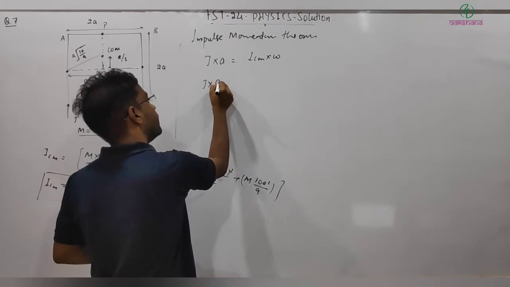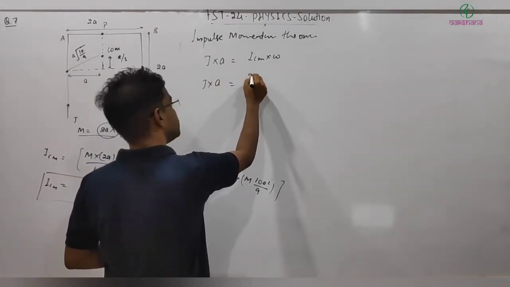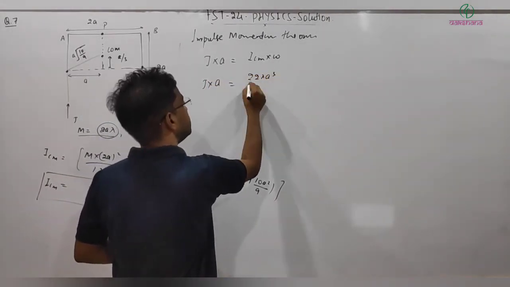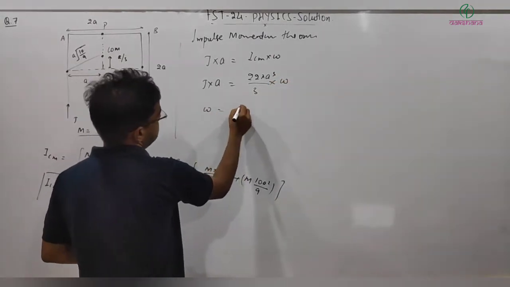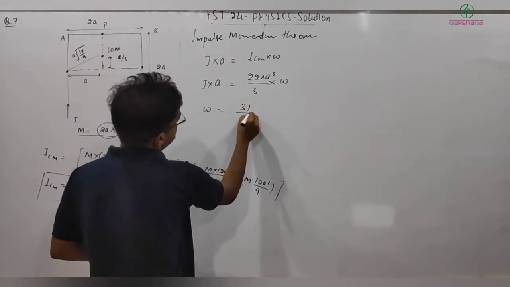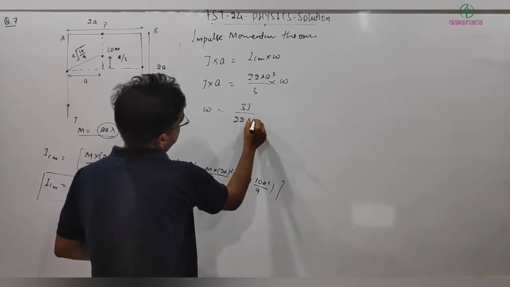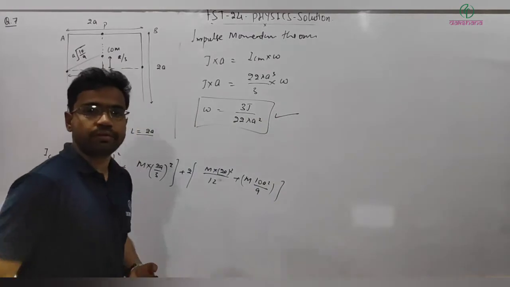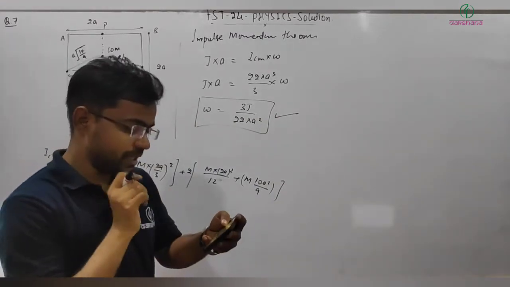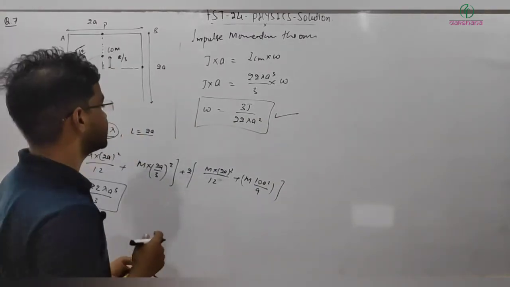J into a equals I_CM, which is 22 lambda a³ divided by 3, multiplied by omega. Simplifying, omega is equal to 3J divided by 22 lambda a². This will be the angular velocity of the system, or this wireframe, just after the impulse is imparted.